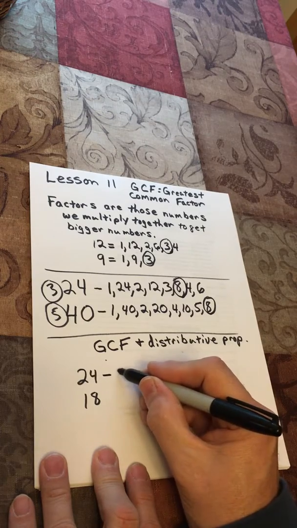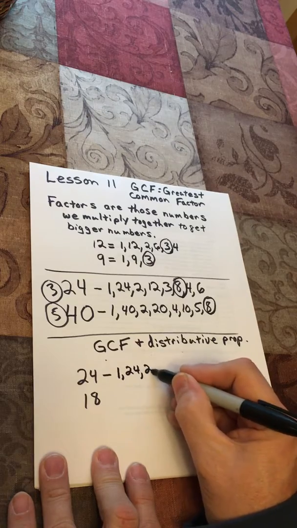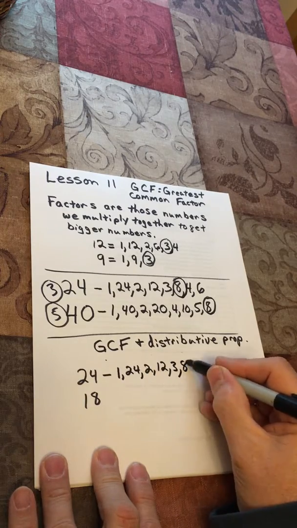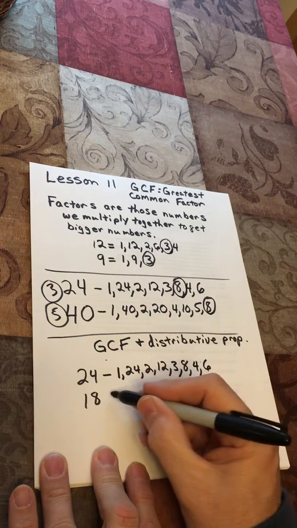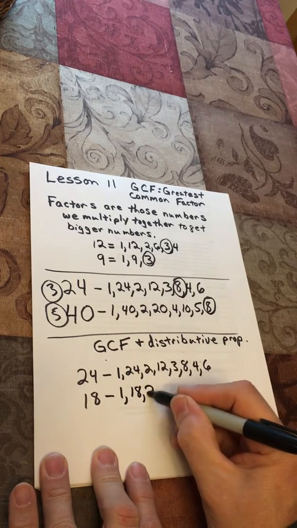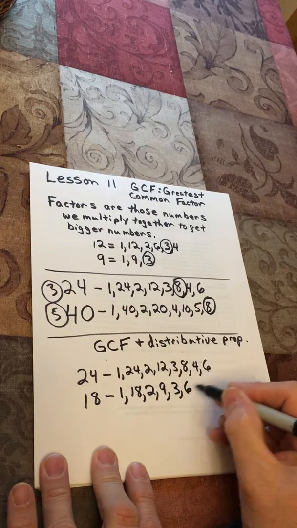So our factors for 24 are 1 and 24, 2 and 12, 3 and 8, 4 and 6. For 18, it's 1 and 18, 2 and 9, 3 and 6.